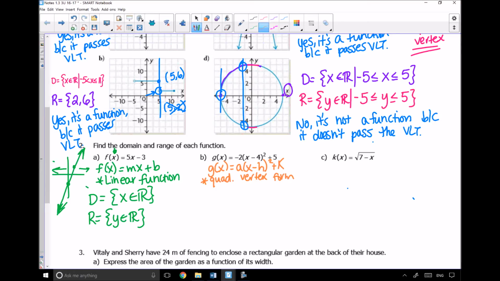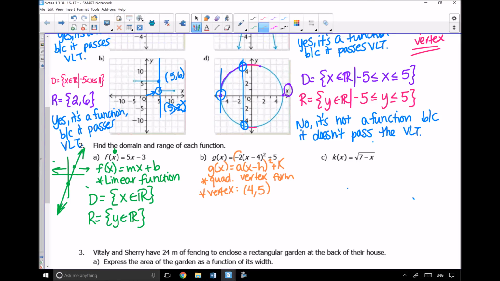Okay, so just by looking at this right here, I know what my vertex is going to be. I know that the vertex is plain and simply, remember this is going to be a +4 because it's x minus h. So since this is x minus 4, the h has to be a +4 for this to stay minus, right? And then the k value is 5. So I know my vertex is 4, 5.